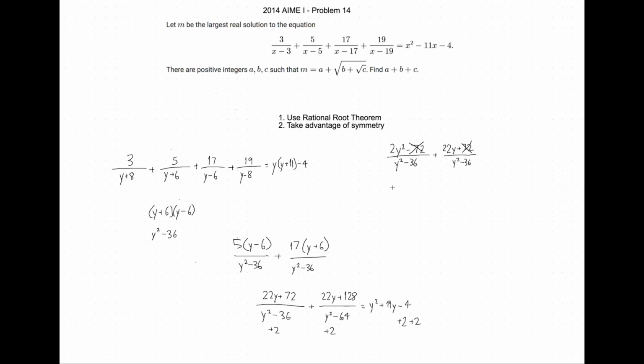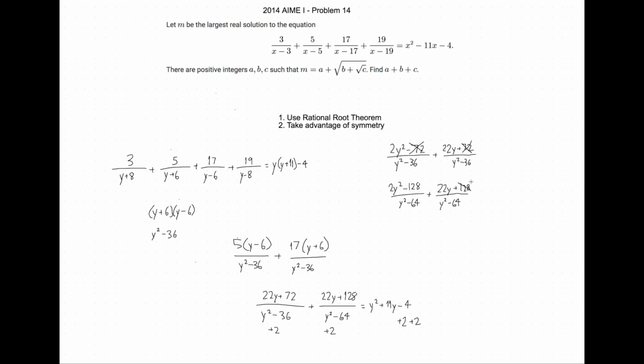And then likewise, we'll have 2y squared minus 128 over y squared minus 64 plus 22y plus 128 over y squared minus 64.